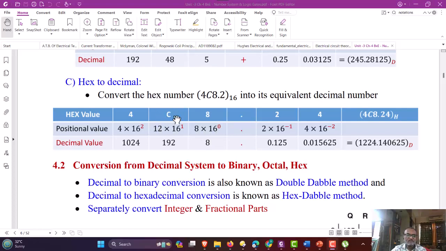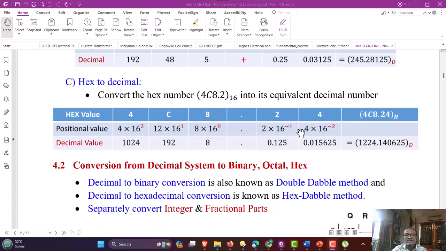The first position digit is C. The corresponding decimal value is 12. So 12 into 16 raised to 1, that is the positional weight, comes out to be 192. The second digit is 4. So 4 into the positional value, that is second position, 16 raised to 2, that is 1024. Add these three individual positional weights, and you get the corresponding decimal value of this hexadecimal integer, that is 1224.